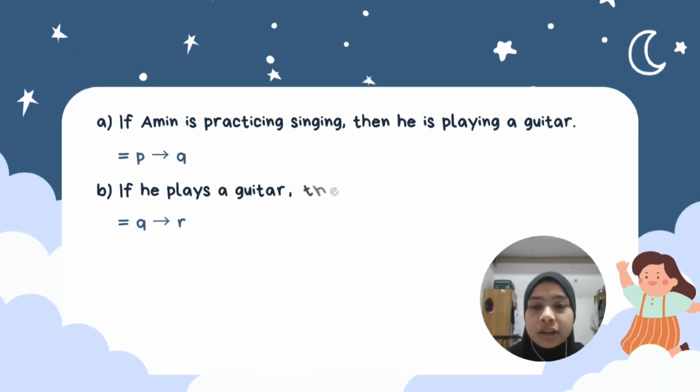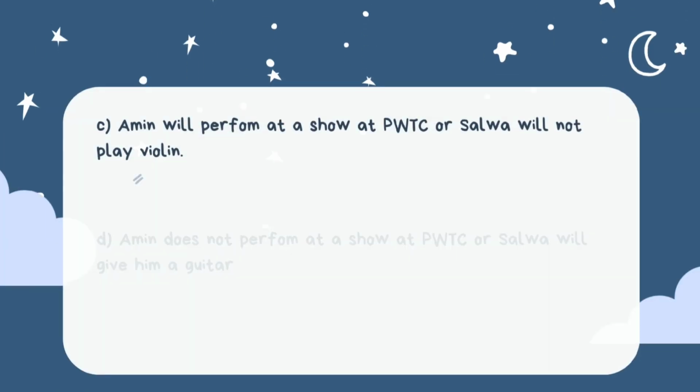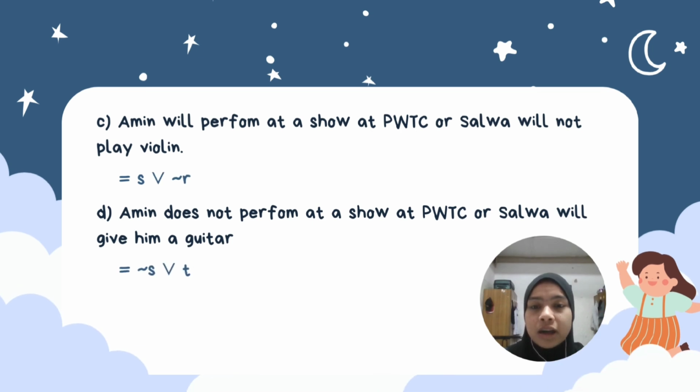Question A. If Amin is practicing singing, then he is playing a guitar. So the answer is P implies Q. Question B. If he plays a guitar, then Salwa will play the violin. The answer is Q implies R. Next, question C. Amin will perform at a show at PWTC or Salwa will not play the violin.